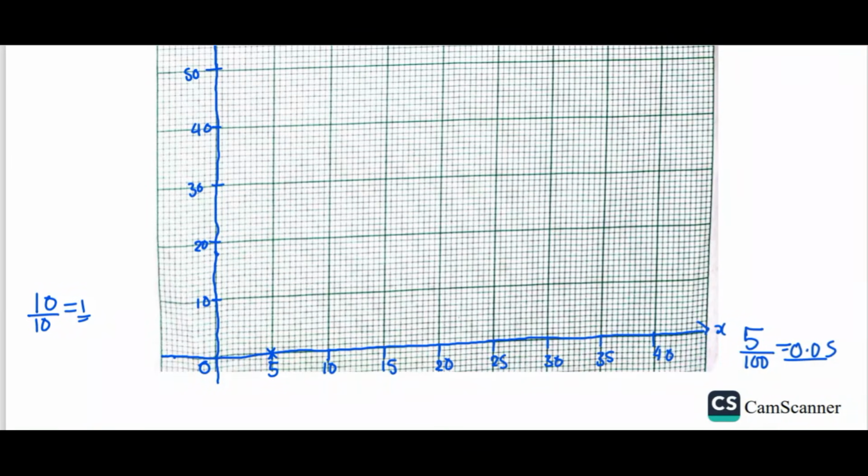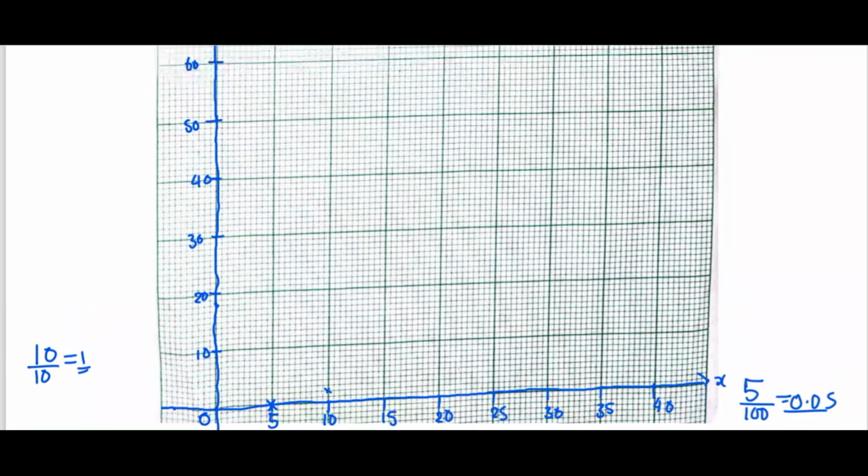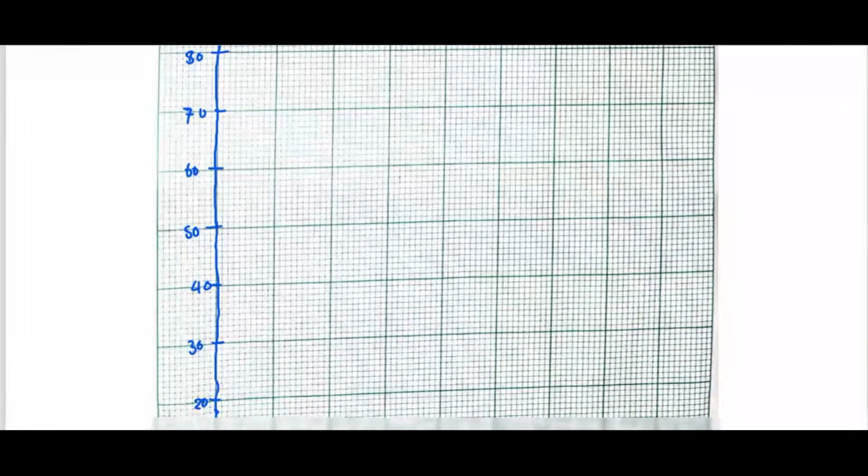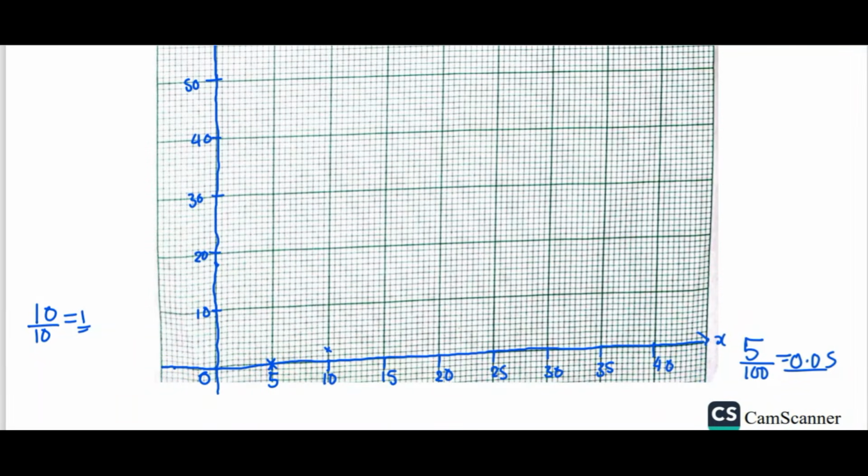Then the second one is 10,2. 10, you go where there's 10 in the x-axis, then you move 2 more points, so our 2 is here. Then it's 15,13. 15 is here, 10, 11, 12, 13 here.